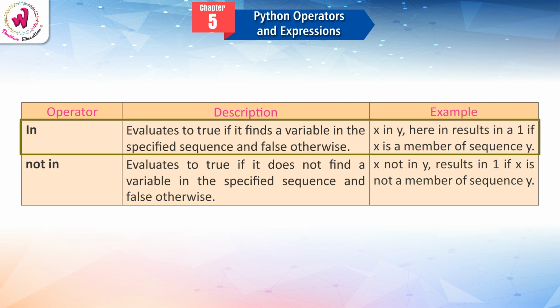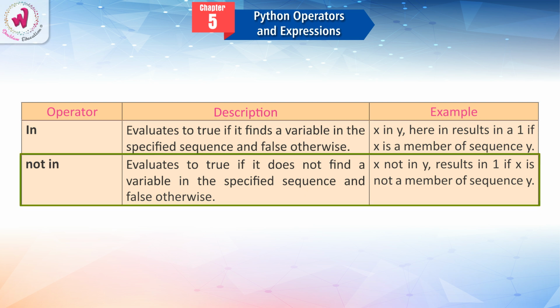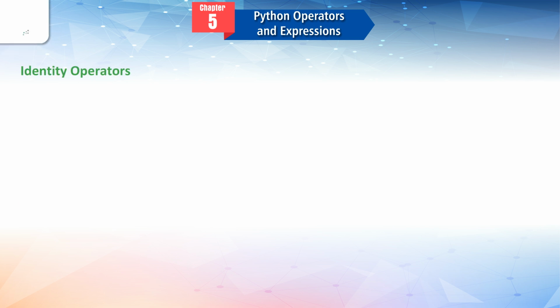X in Y results in 1 if X is a member of sequence Y. Not in evaluates to true if it does not find a variable in the specified sequence and false otherwise. X not in Y results in 1 if X is not a member of sequence Y.